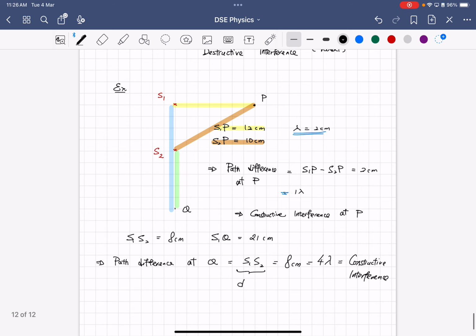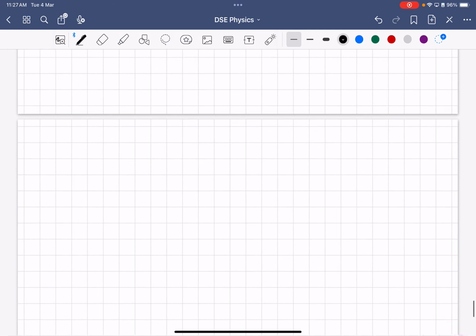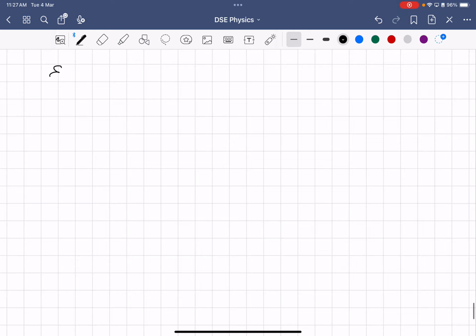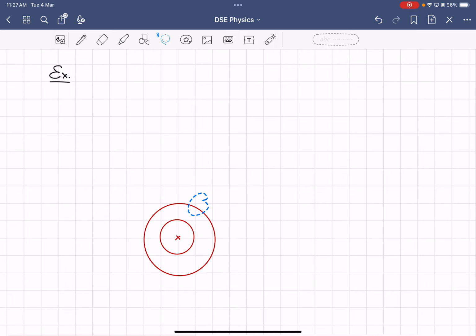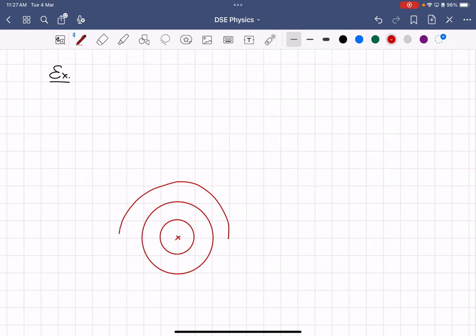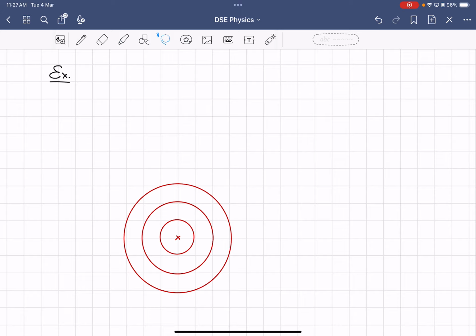Well, there is another way they can test you about interference using path difference, which is they give you wavefronts. It's very difficult to draw. Let's see if I'm able to do it. What they do is they give you two sources, and the two sources produce the interference pattern accordingly.